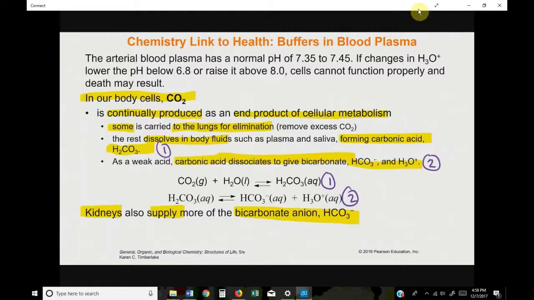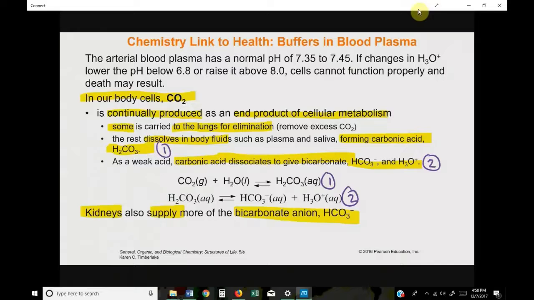And when we dissolve CO2 in water, if you remember, we form carbonic acid. So we see here with the number 1 that our first reaction is CO2 dissolving in water to give us carbonic acid. Notice that it is a reversible reaction. Once we have carbonic acid in solution, it can easily dissociate to give us the bicarbonate and the hydronium ion.